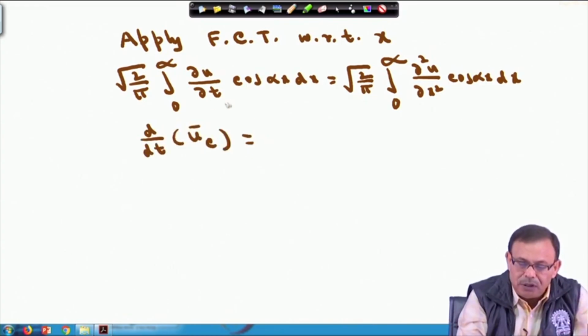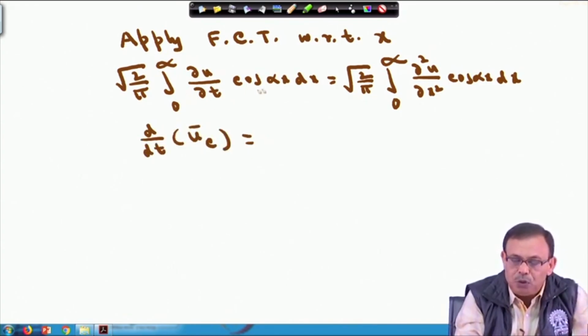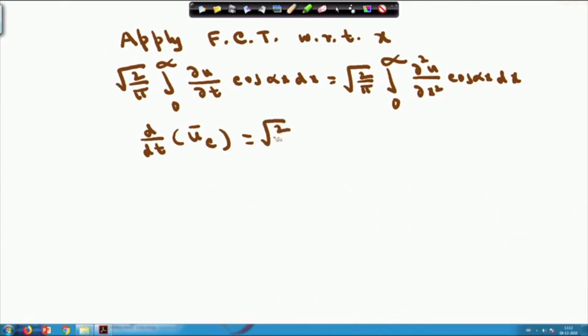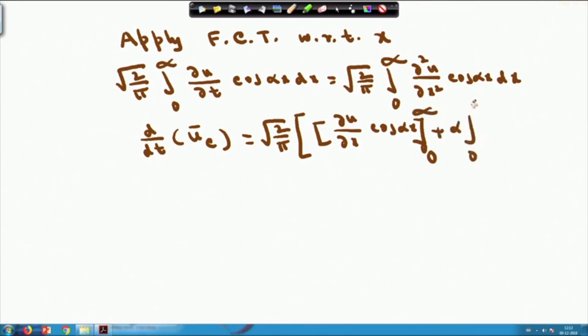Left hand side will be nothing but 0 to infinity u cos of alpha x dx, which is again u bar c, and on the right hand side again if you integrate you will obtain root over 2 by pi del u del x into cos of alpha x from 0 to infinity plus alpha into 0 to infinity del u del x into sin of alpha x dx.